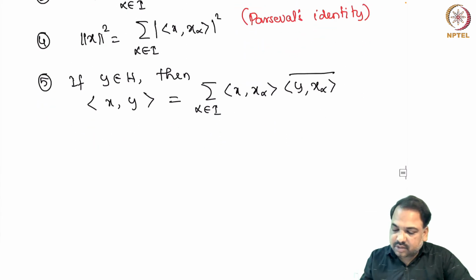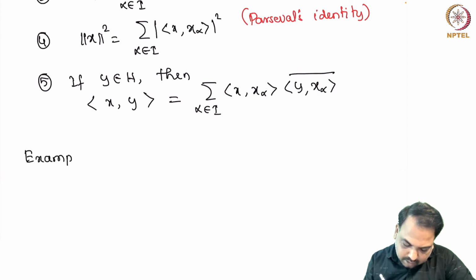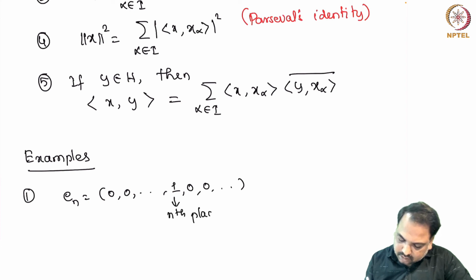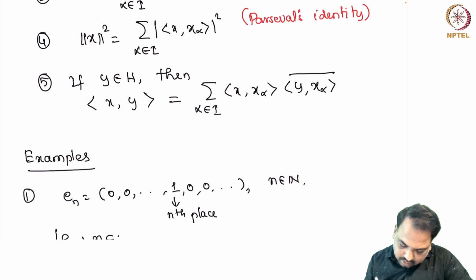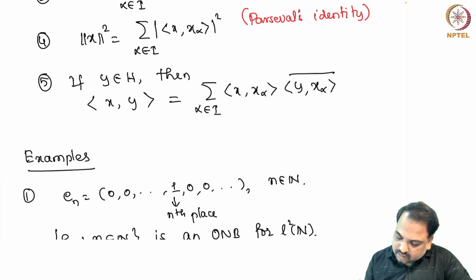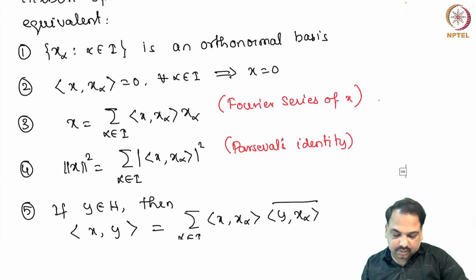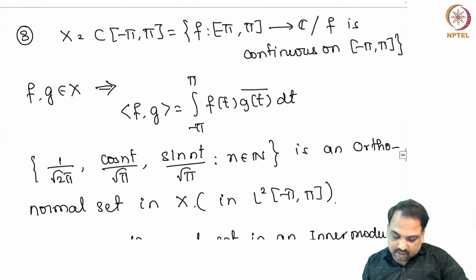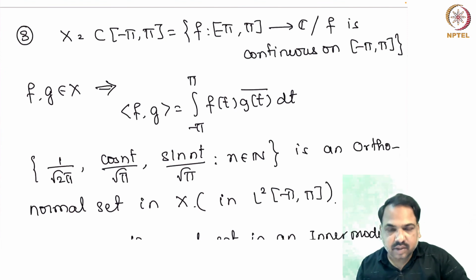Let us look at a few examples. We can show that if we define e_n equal to (0, 0, ..., 1, ...) with 1 in the nth place and the remaining entries 0, this e_n is an orthonormal basis for the space l2 of N. Similarly, we can show that the orthonormal set we have given for C of minus pi to pi is an orthonormal basis for L2 of minus pi to pi.